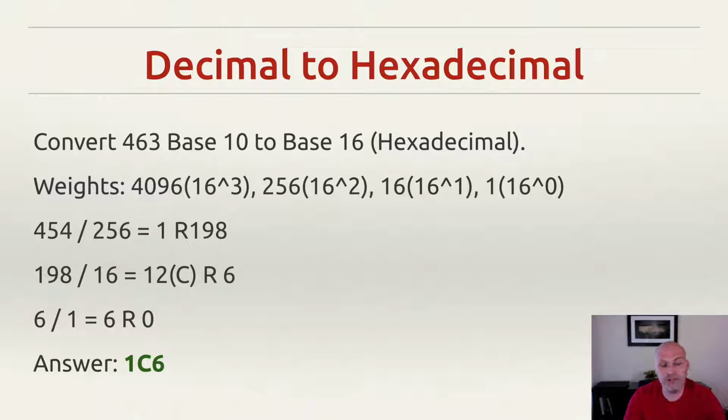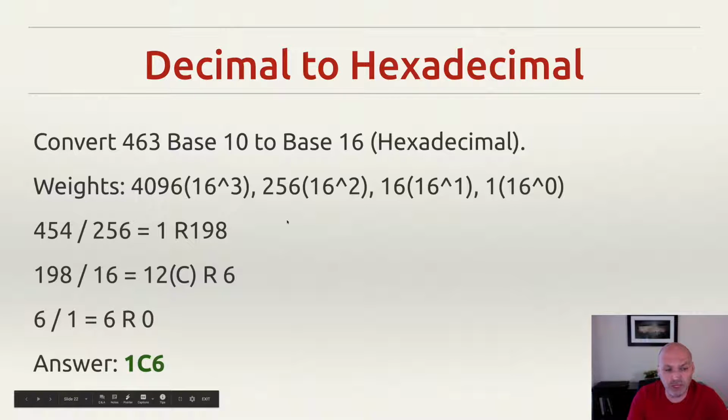So 256 divided into 463 is 1 with a remainder of 207. Remember, we take the remainder and bring it down and divide it by the next weight, which is 16. We can do that 12 times.